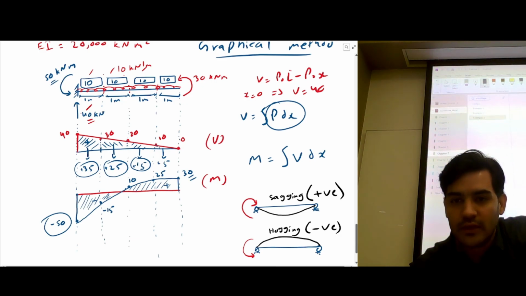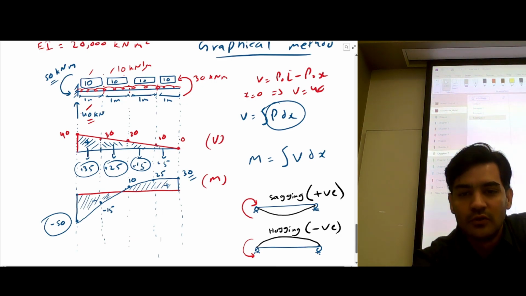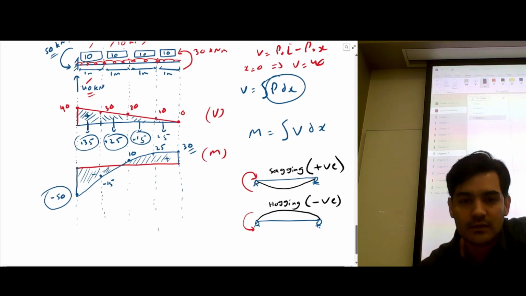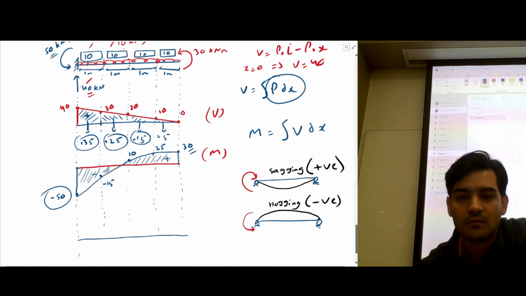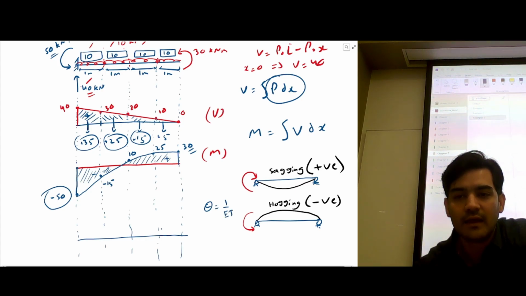So now we can move to calculate the bending angle. The bending angle is basically 1 over EI times the integration of moment, right?